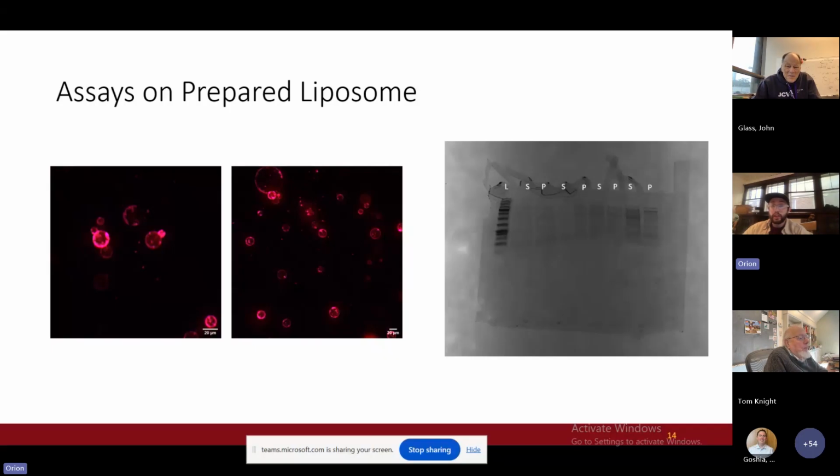And you can see that there's not very much difference between supernatant and pellet, which is to say that working and handling the liposomes for distal assays, whether it be microscopy or whatever it is, they're very fragile. So there's a lot of consideration that has to go into that.